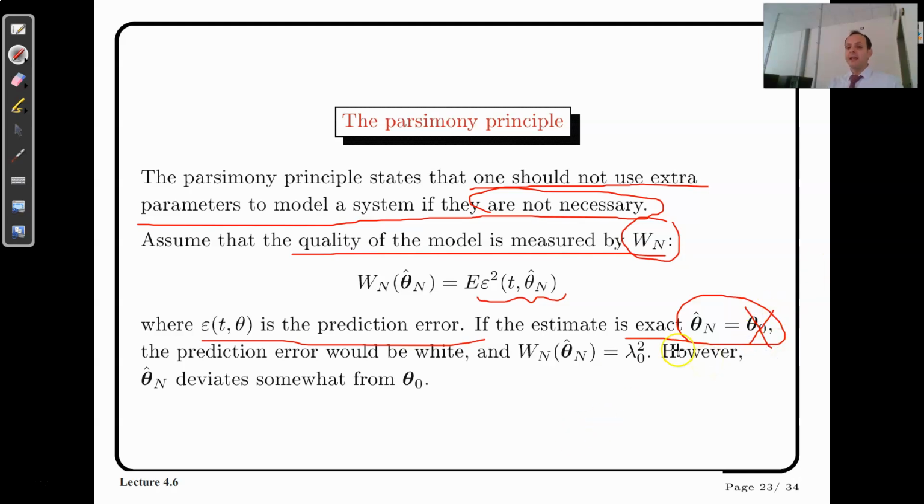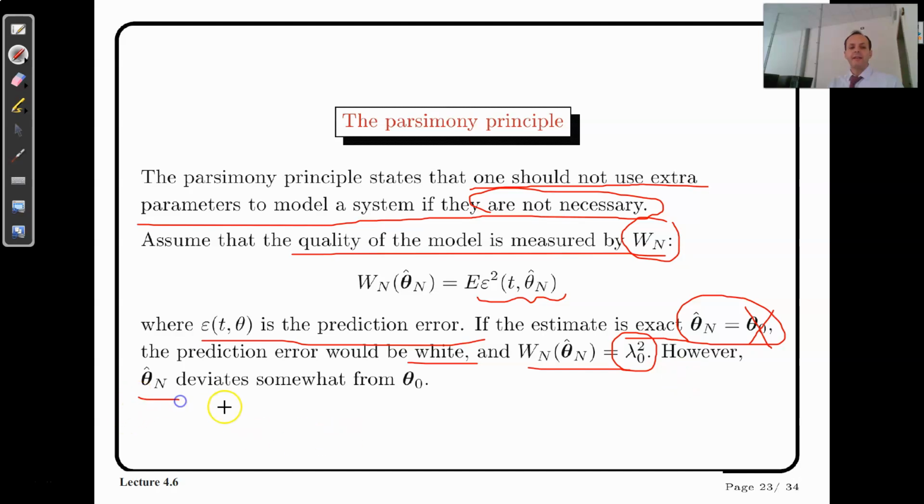But in the case that your estimation is the same as the true vector, the prediction error is white, and this value, this W, is the same as the noise affecting the data, the standard deviation of the noise, lambda squared.